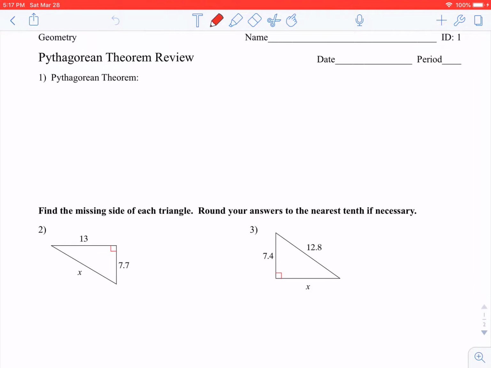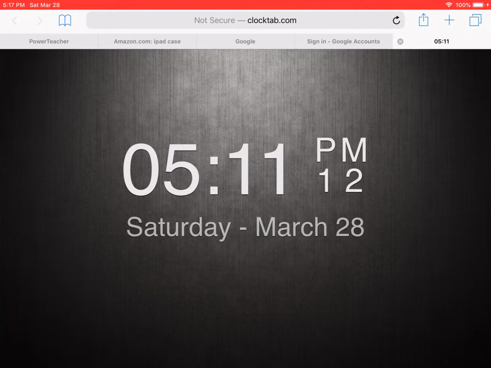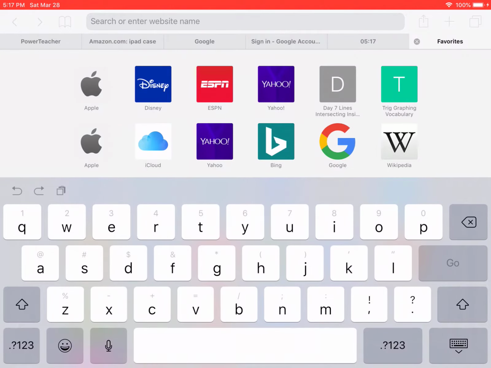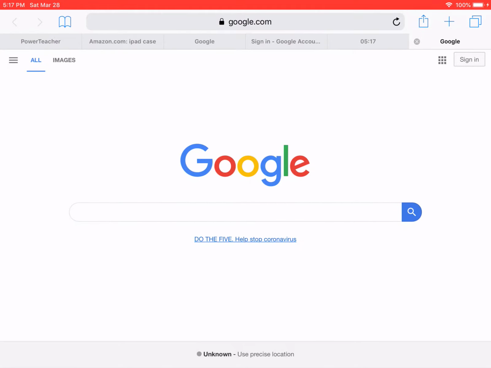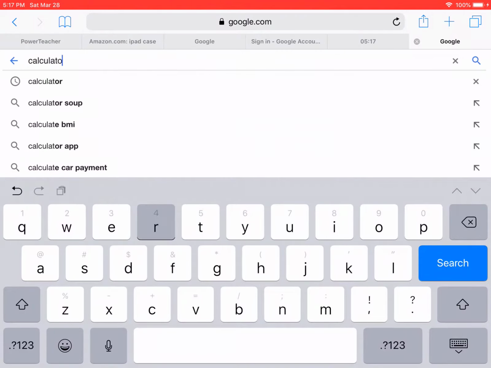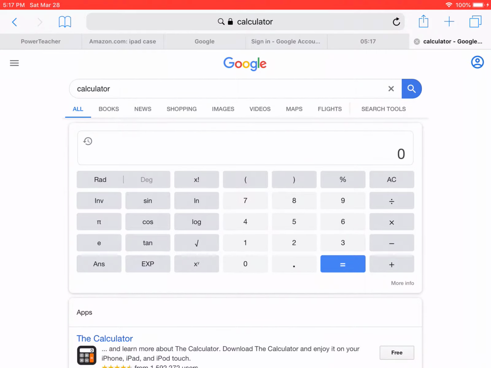The easiest way to access a calculator, if you have access to the internet, is to go to a browser, go to Google, and type in "calculator." It should bring up a calculator with enough functions to do what we're going to do here. Obviously, if you have a legitimate scientific calculator, use that, okay?